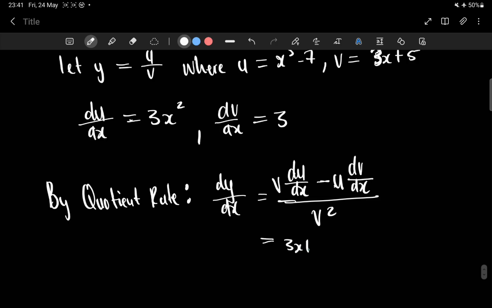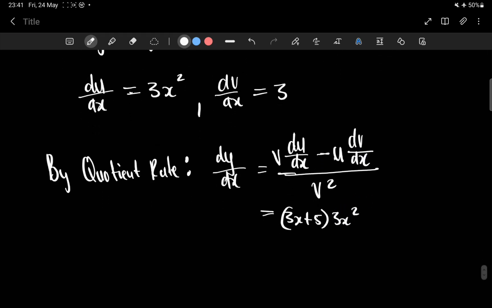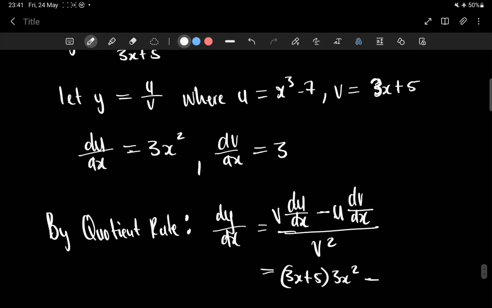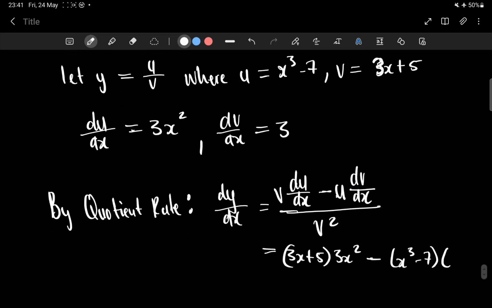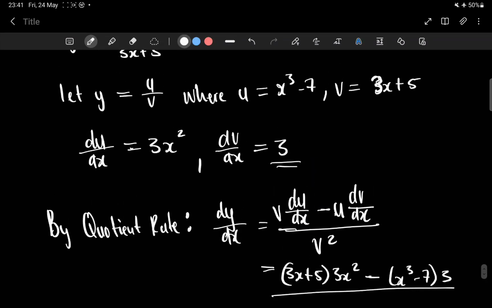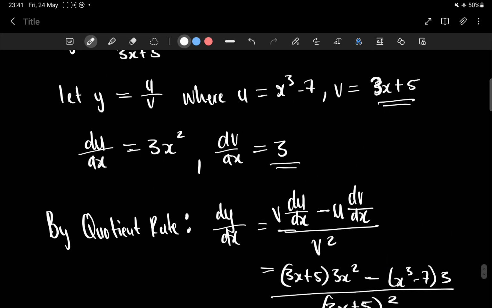So it'll be 3x plus 5 multiplying du dx, which is 3x squared, then minus u, which is x cubed minus 7, multiplying dv dx, which is just 3, all over we square the bottom, v, so 3x plus 5 all squared.